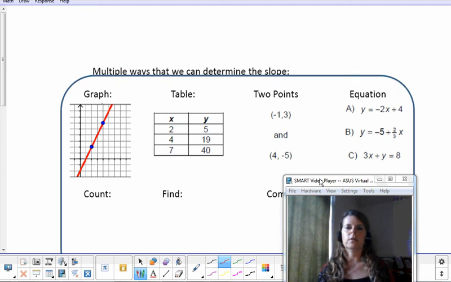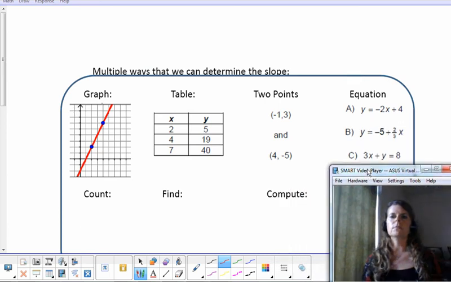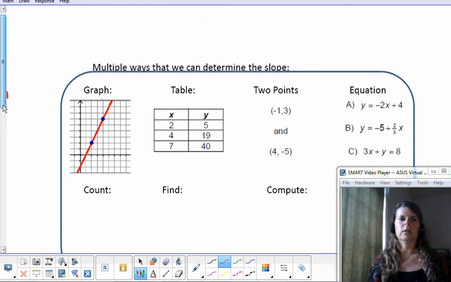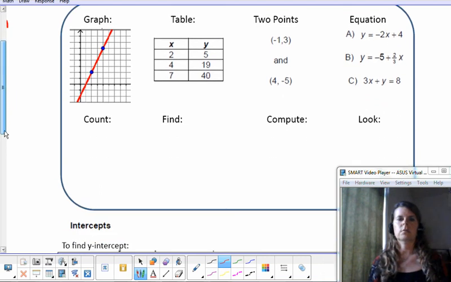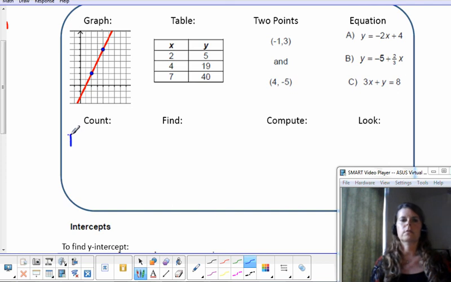Okay, let's talk about slope a little bit more. We're going to talk about different ways of calculating slope. So what if you have a graph? Well, if you have a graph, you can just do rise over run. You start at one point.